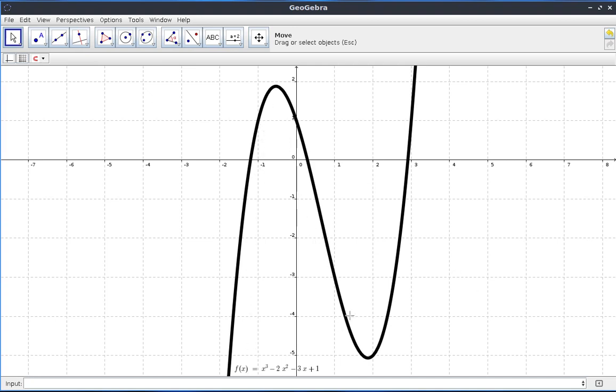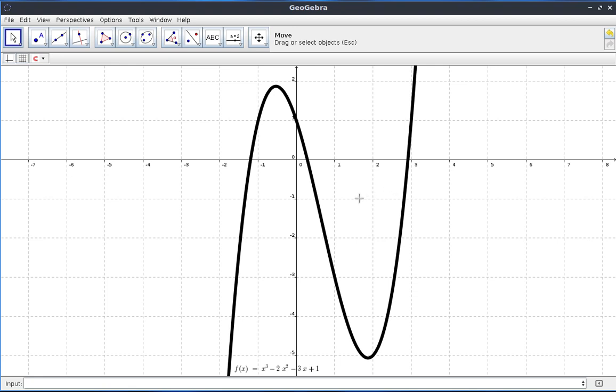We had worked this out. We had found the location and nature of the critical points, or the stationary points, or the turning points of this function, and did some amount of sketching of the graph.